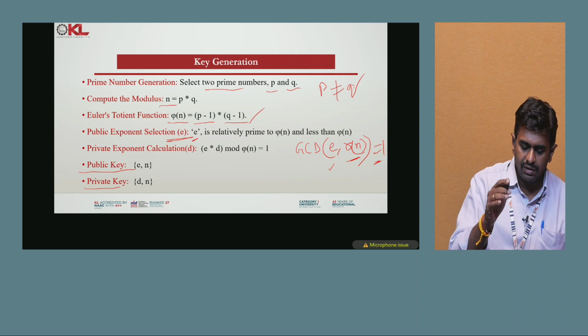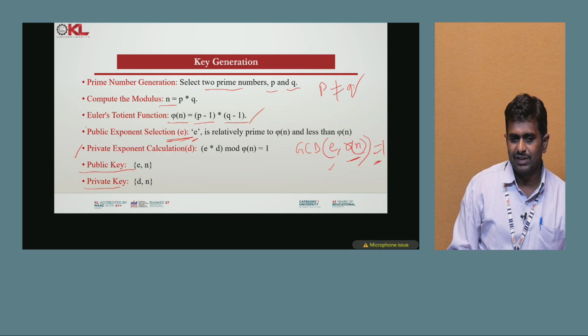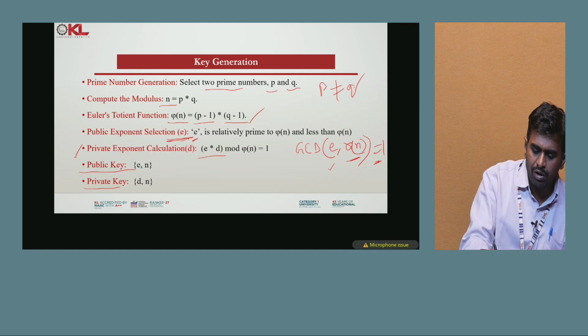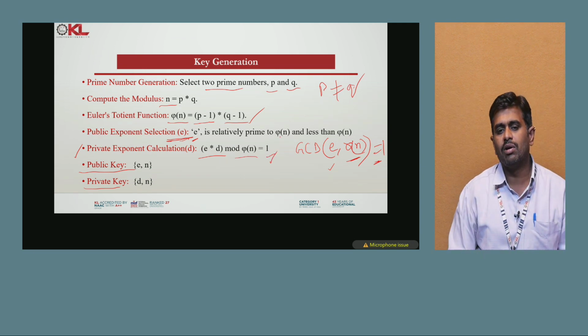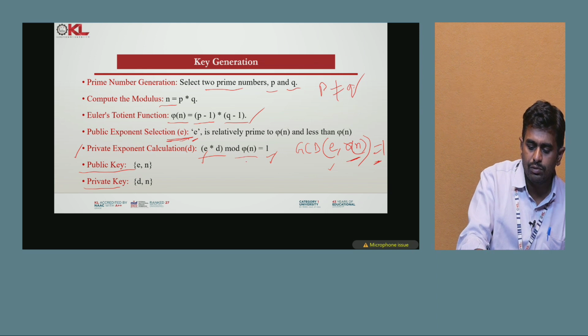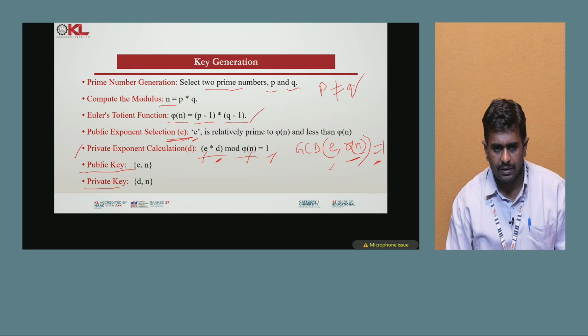After selecting the e value, now calculate the private exponent, the d value: e into d mod phi(n) equals 1. This is the other formula. In the above step you got the e value and you know the phi(n) value, so now calculate d based on this formula.